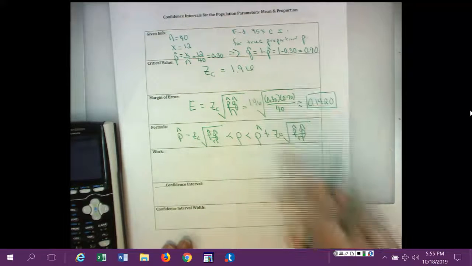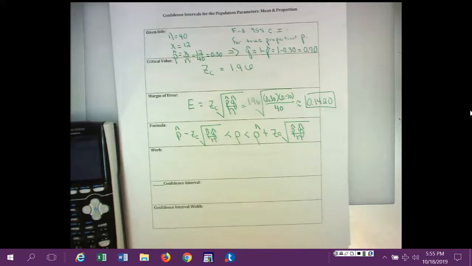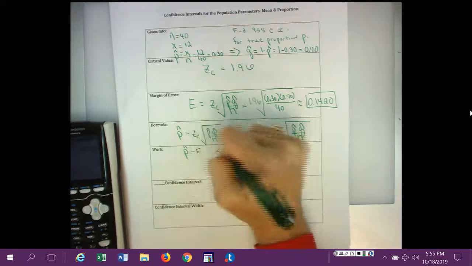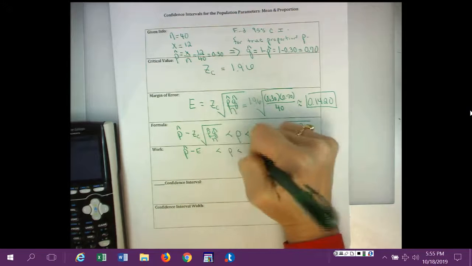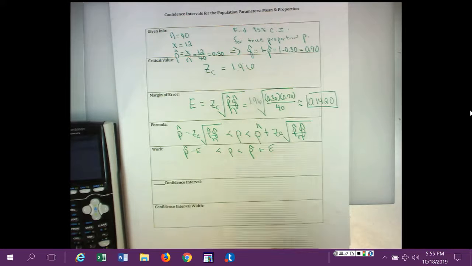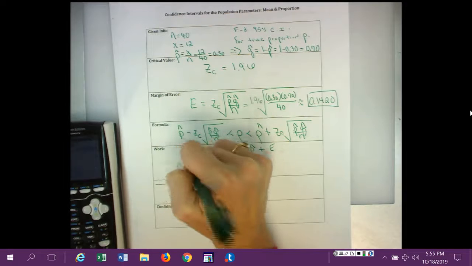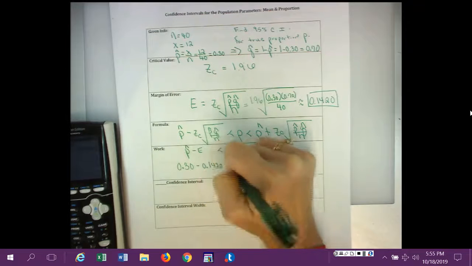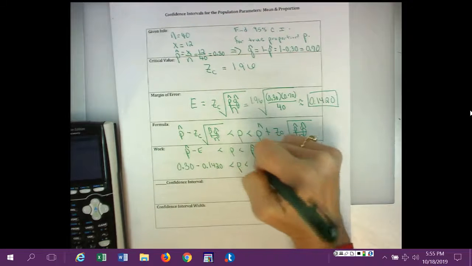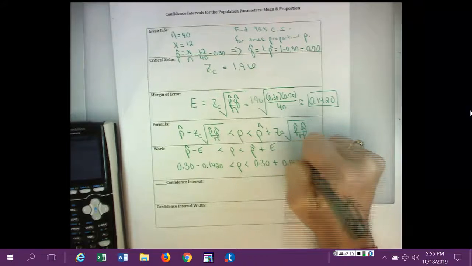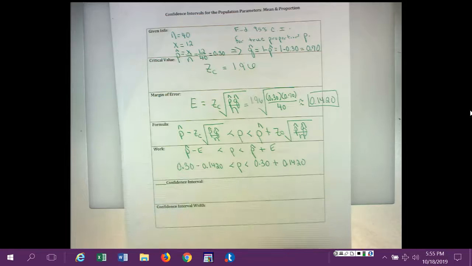But I'm not going to use that formula now that I know E. I'm going to work with p hat minus E and p hat plus E. Going back and remembering that p hat is 0.30, and now using my E of 0.1420, and then p hat is 0.30 plus my E of 0.1420, I can find my lower and my upper.